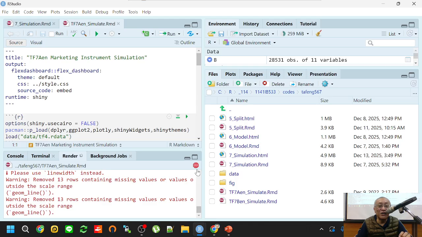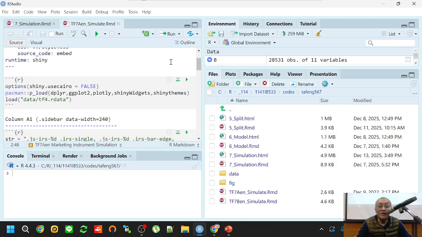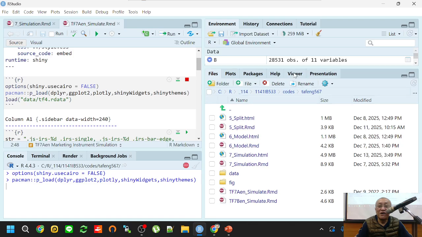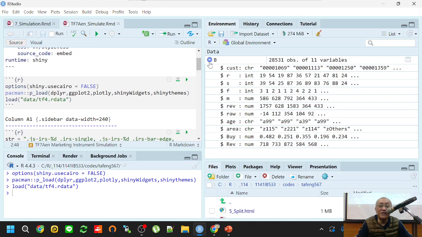So I need to stop the simulation in order to run the notebook. So you need to stop the simulation. If you have a right light here, let's turn the right light, and change to concept. And as I said, if you run this chunk, you should see a data frame B, and in this data frame B, I have every customer's expected buying probability and expected revenue.